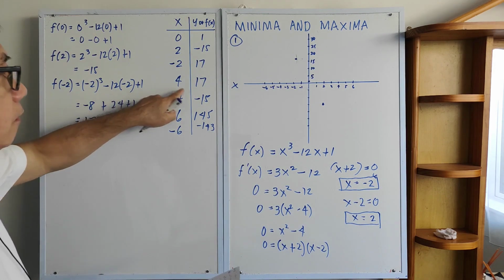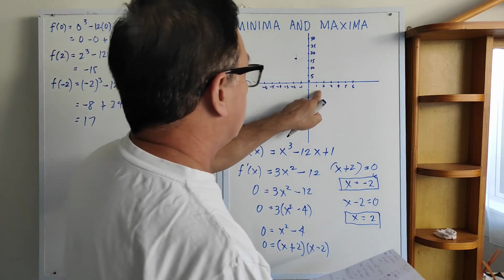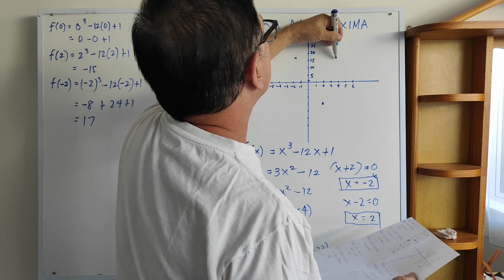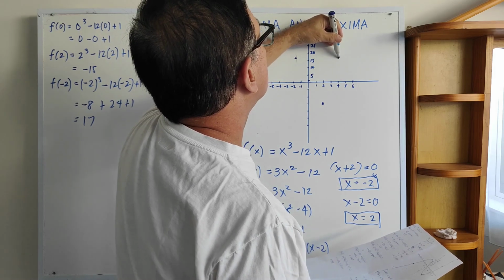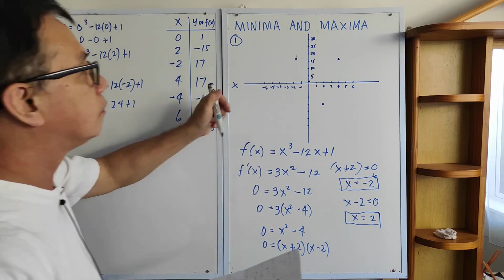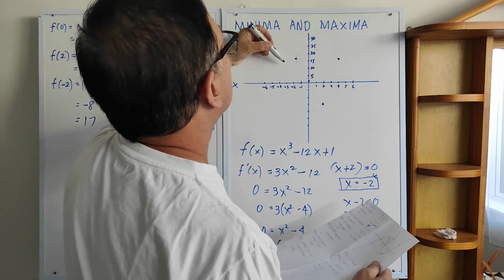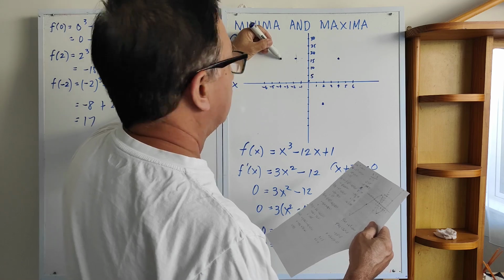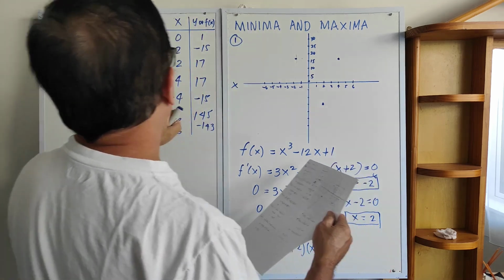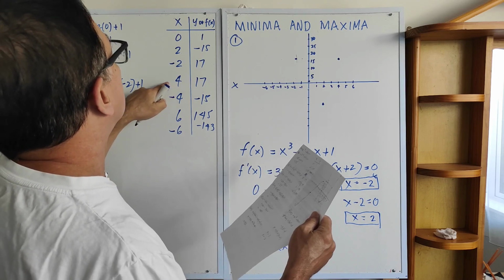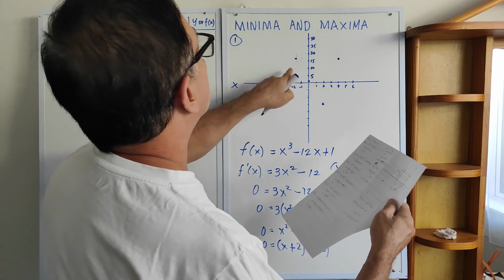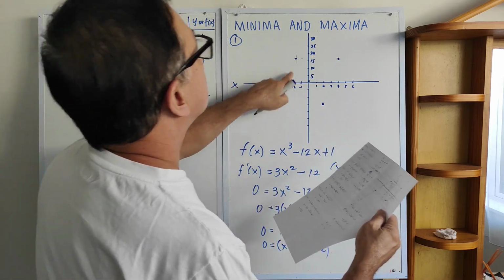Now if we put 4, 4 is positive 17. 1, 2, 3, 4 is around above 15, same level as the other one. It would be this one. And then if it's negative 4, it's negative 15. So this is negative 4. Negative 15 is about here. 2 is negative 15 and negative 2 is 17.